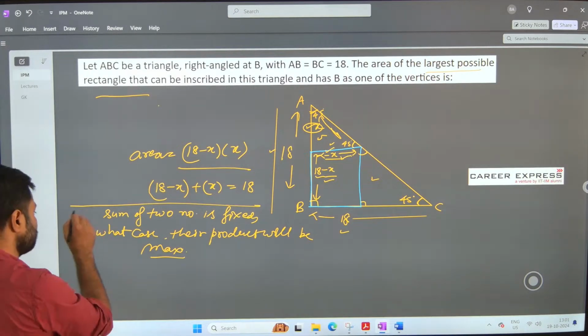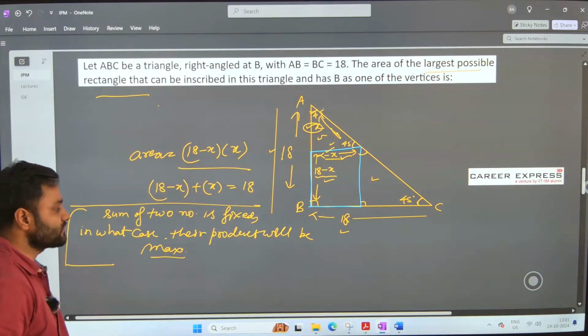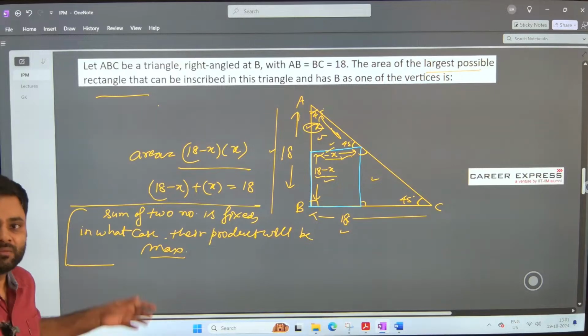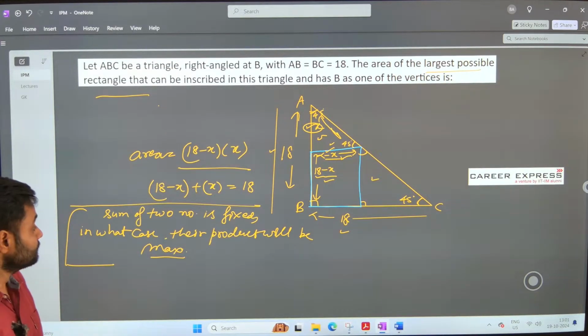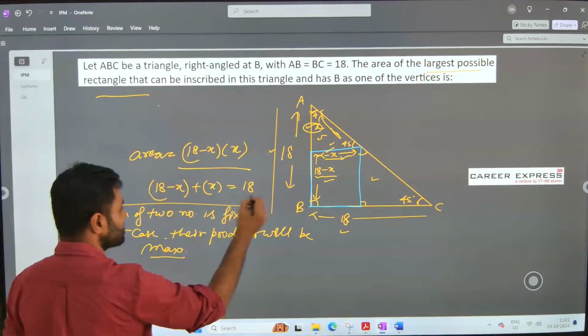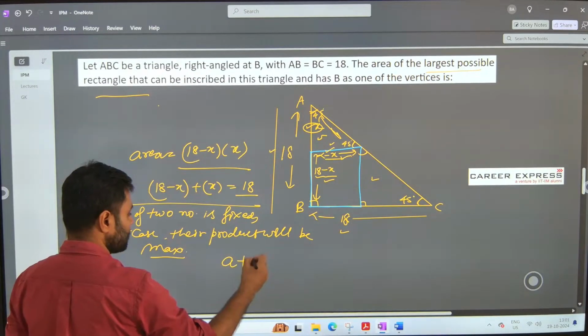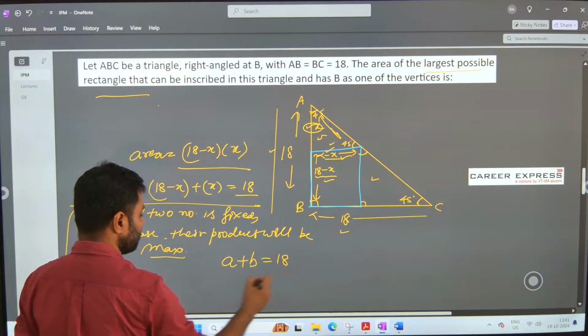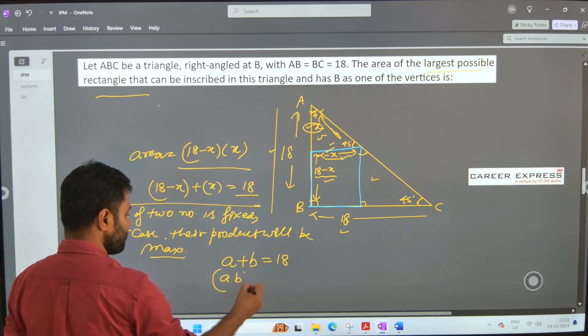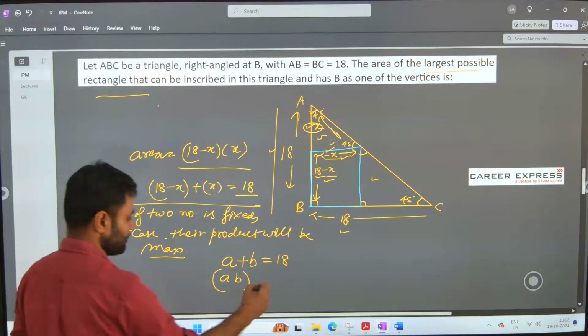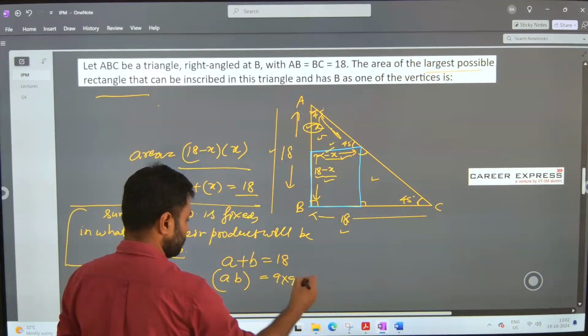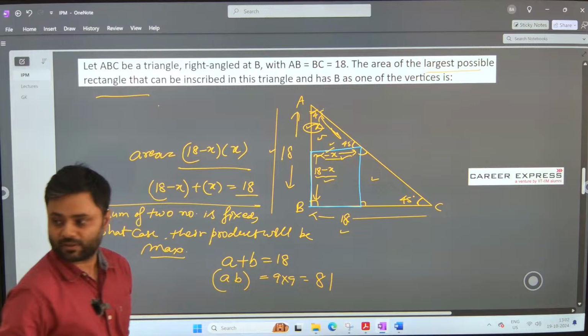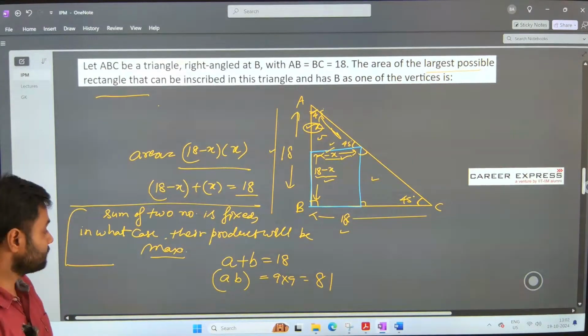So the thumb rule is, if the sum of two numbers is fixed, their product will be maximum when the numbers are closest possible. In this case, the sum of two numbers is 18. A plus B are two numbers and their sum is 18. So A into B will be maximum when A and B are closest possible. That means both are 9. In this case, their product will be maximum.